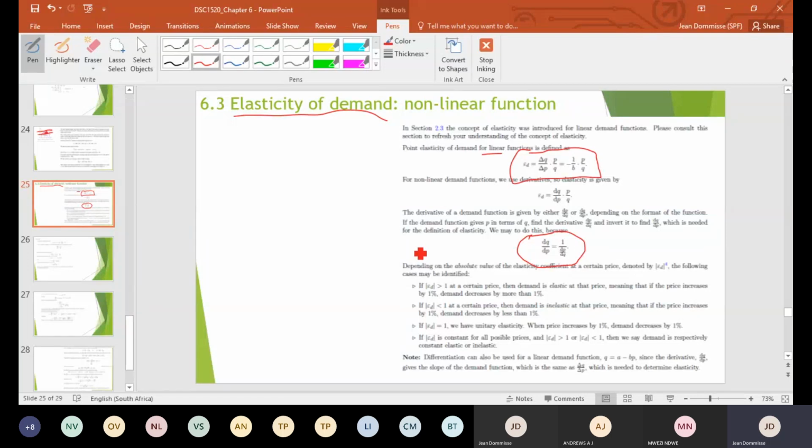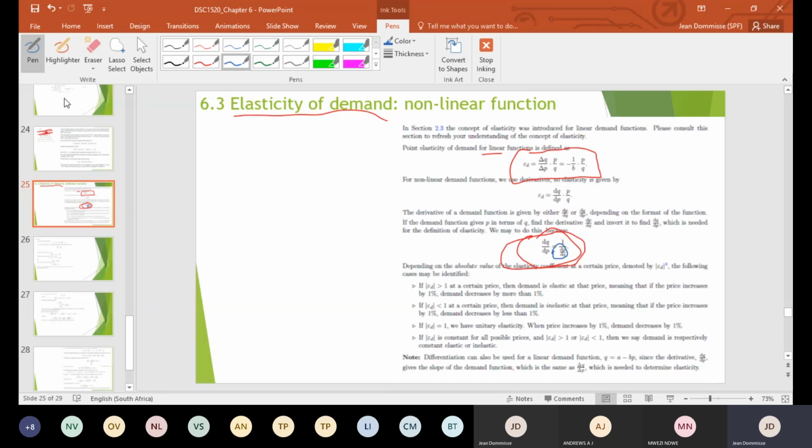Again, now we start to work with derivatives again to get into elasticity. So again, we look at what we've done in chapter 5 to work out here. And now again, one must remember that formula, but you need to remember what you're actually doing below the line when you say 1 divided by.